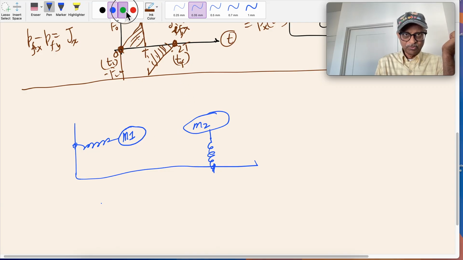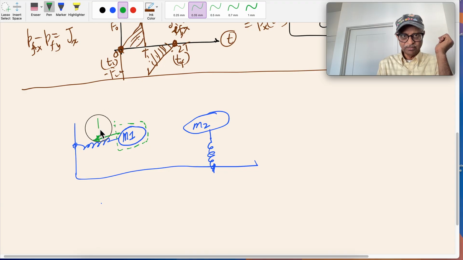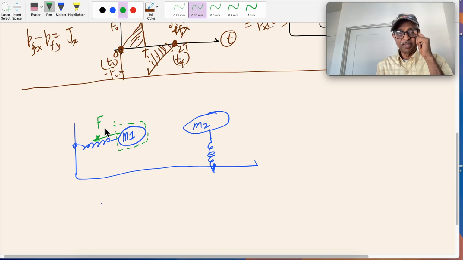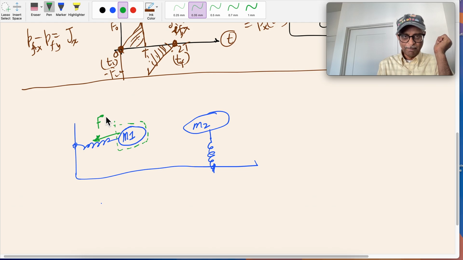So this one is system 1. If you look at the force, there's a force like that. Let's call it G1.